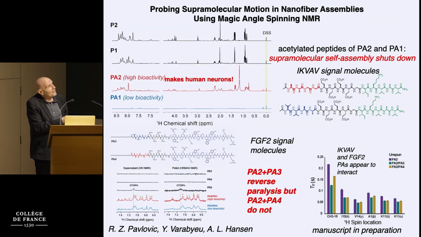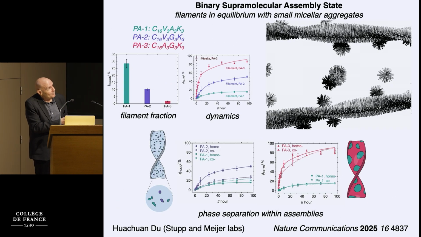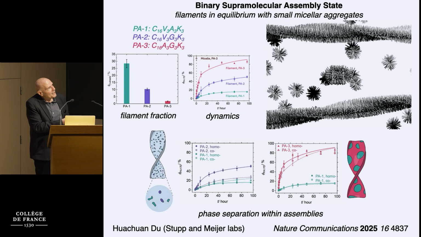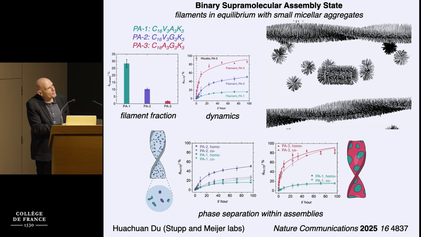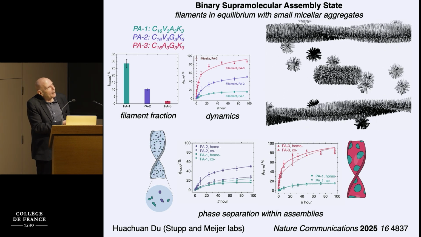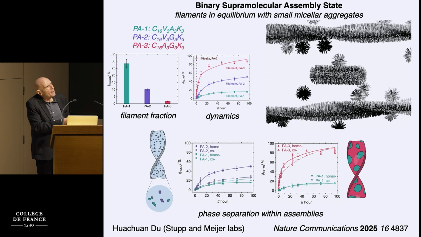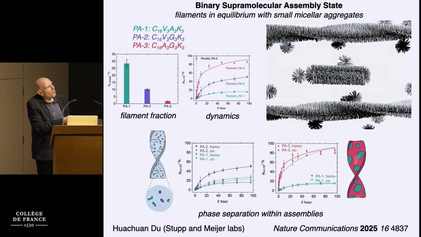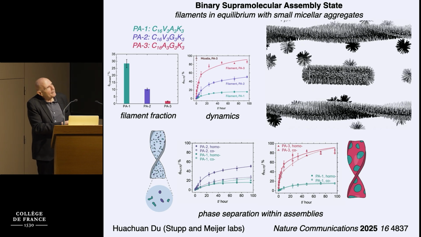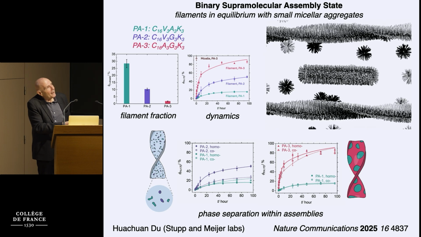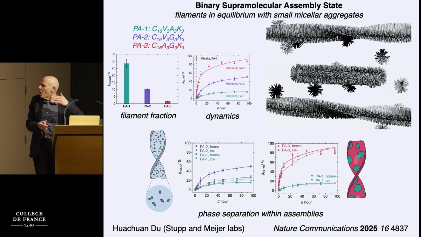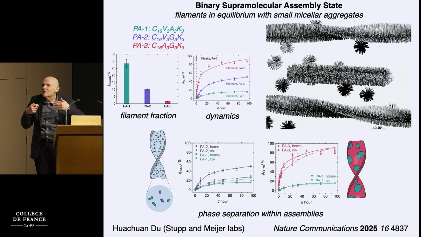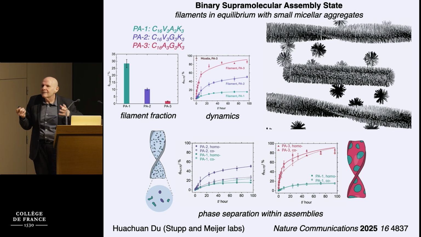The little ones are highly mobile. They can go to a receptor, and when they come out of the fiber, they might go back to the fiber, and then many micelles can grow new filaments. That's our model. It's a dual state self-assembly.